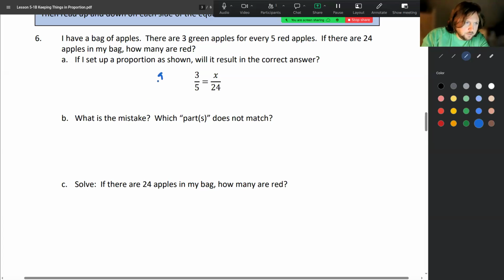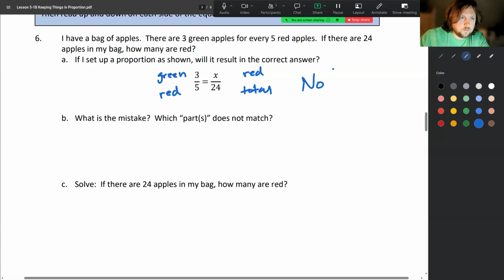So let's see, that's on the left-hand side, that's green to red. On the right-hand side, that's total, and we were looking for red. Now we want, green's not really supposed to be in the picture here, right? So what's going on? What is the mistake? Well, there's definitely a mistake. So red is not across from red.